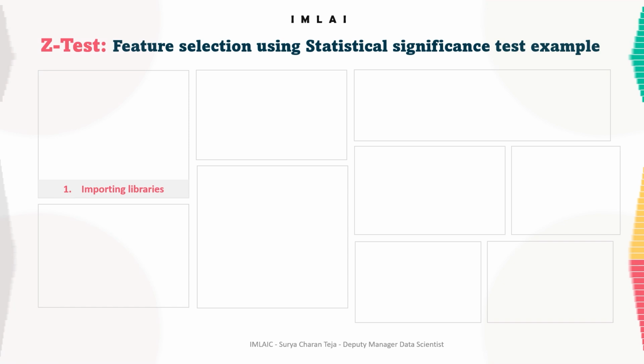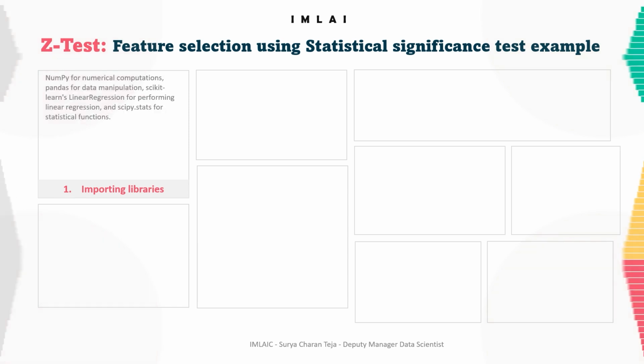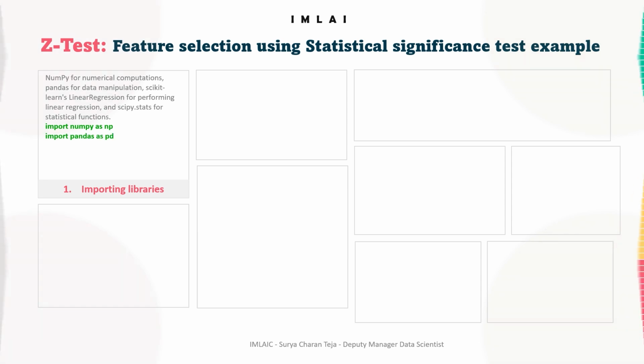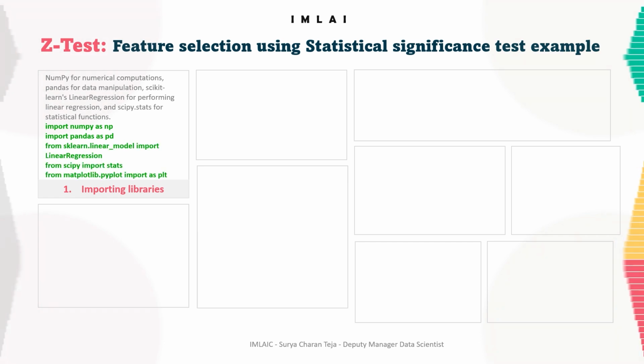So we will begin with the first step, importing libraries. Whatever libraries are required can be imported in the first step. NumPy for numerical computations, pandas for data manipulation, scikit-learn linear regression for performing linear regression, scipy.stats for statistical functions, and matplotlib for plotting the scatter plots or whatever you require.